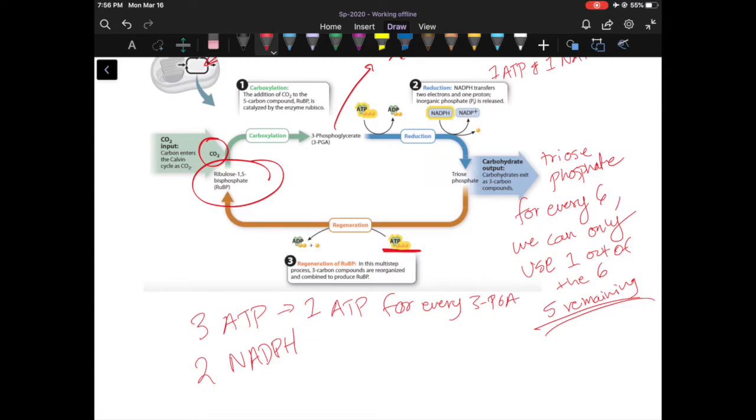And since we have 2 of them, we'll get 2 ATP and then 1 ATP for regeneration. And 2 NADPH we produce because we need 1 NADPH to reduce, or for every 3-PGA molecule.